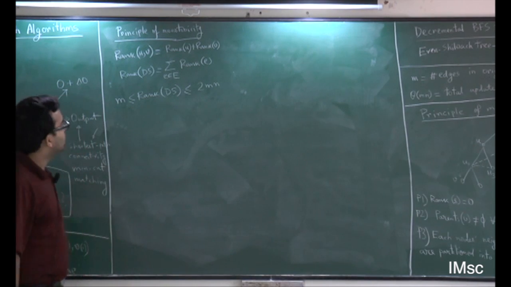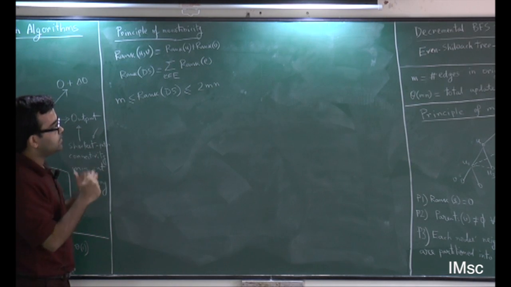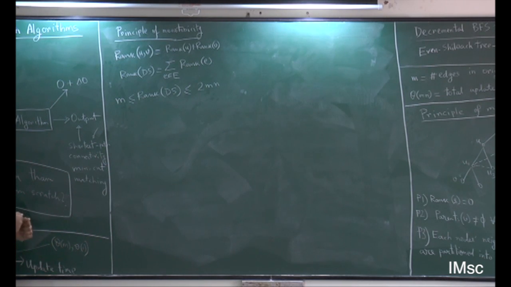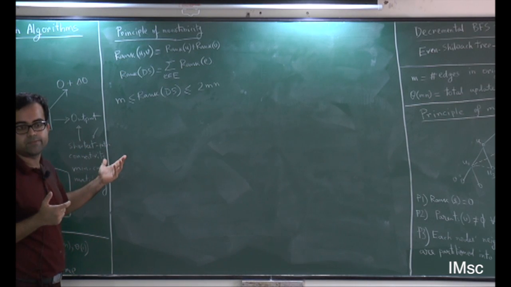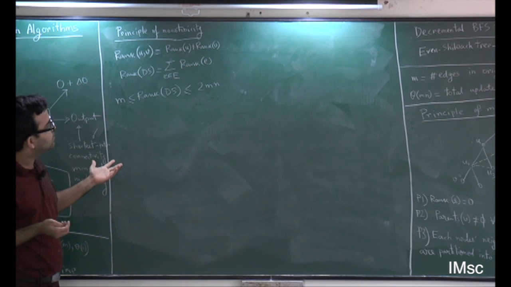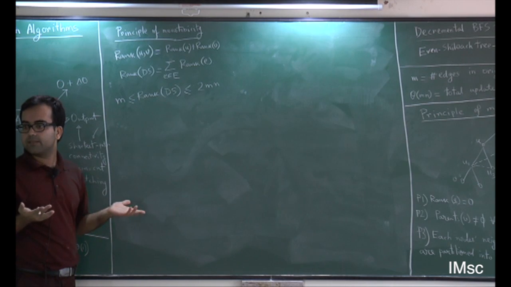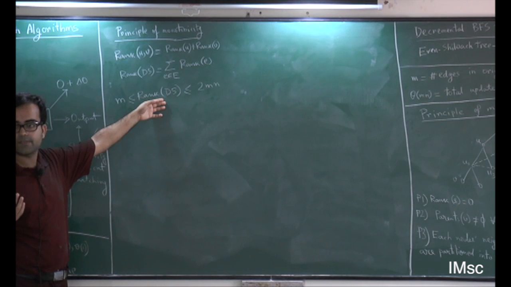Okay. So, the principle of monotonicity will say that each time the data structure is doing unit amount of work, the rank of some edge is increasing by at least 1. Then what is the total amount of work that the data structure can do? At most m n, right, at most this difference.